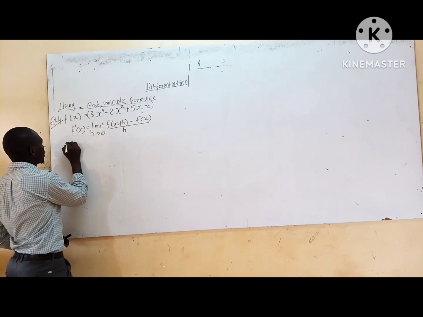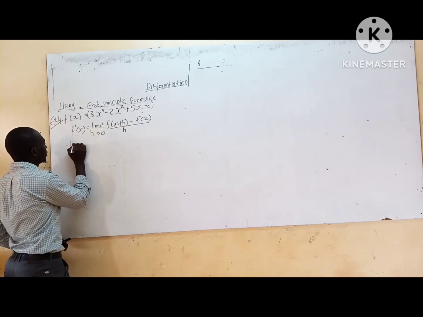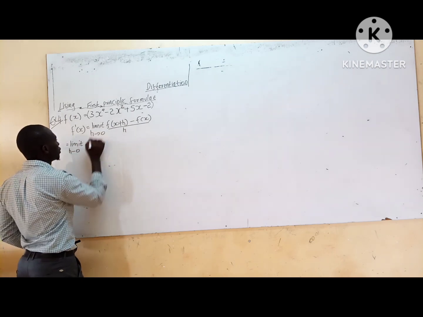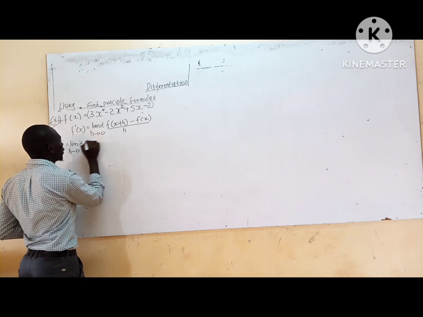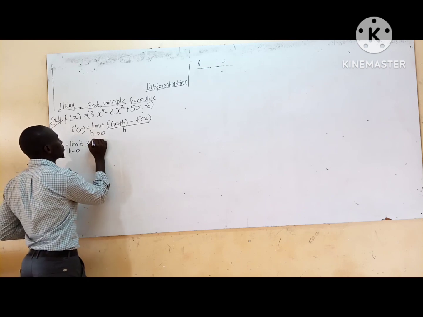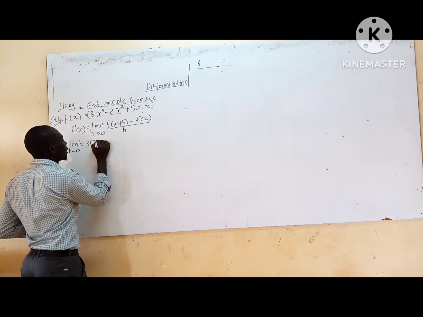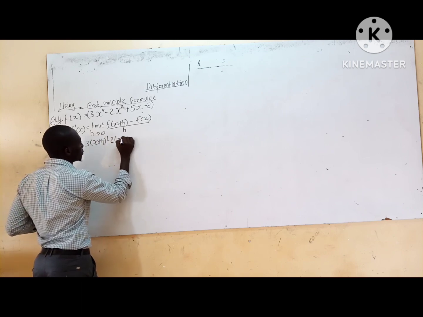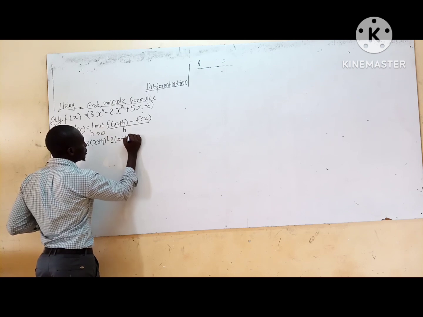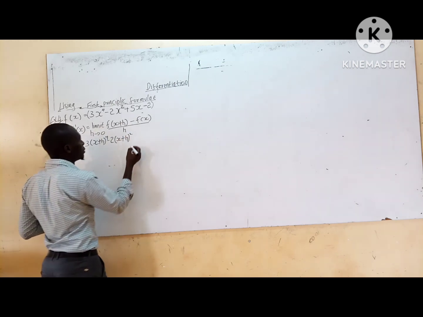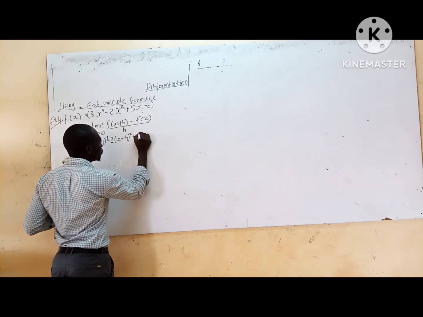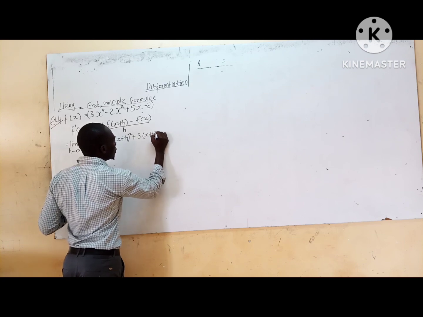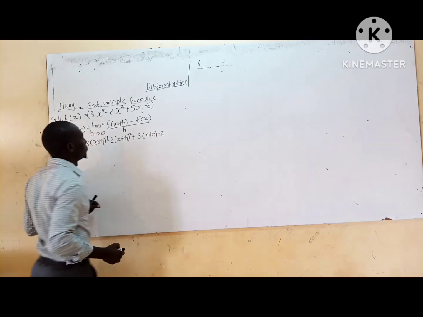And that is what we are going to do in our first step, whereby now we are going to have a function f of x, limit h approaching 0, 3 into, we are going to have x minus 2 into x plus h squared. We add to 5 into x plus h, subtract from 2.